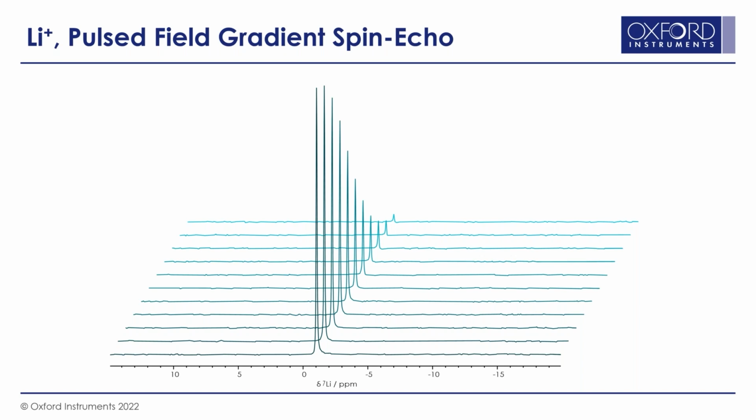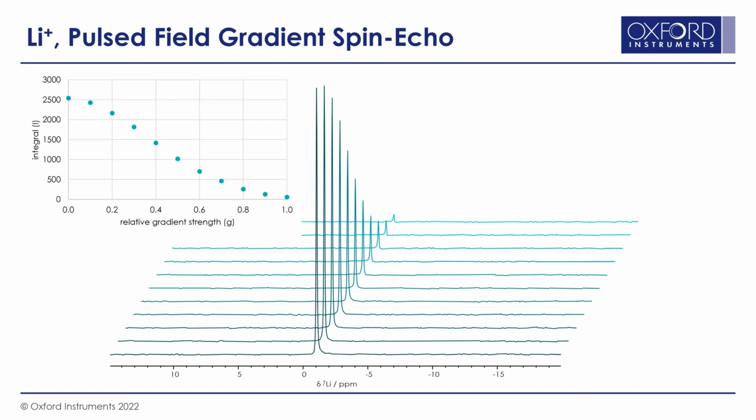This slide shows PGSE spectra of the lithium cation in a common solvent system used in batteries, with the spectra obtained at a range of gradient strengths. Integrating the signals shows how the peak area decreases with increasing gradient strength.